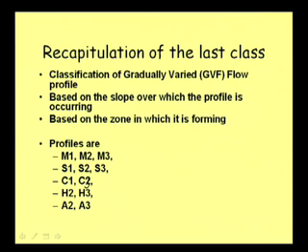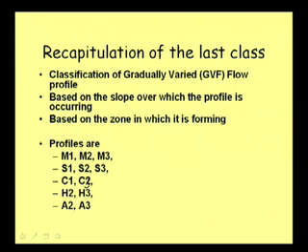Because zone 2 is not existing in case of critical slope, because the normal depth line and critical depth line coincide in case of critical slope. So, that zone itself is not existing. So, the profiles are C1 and C3.